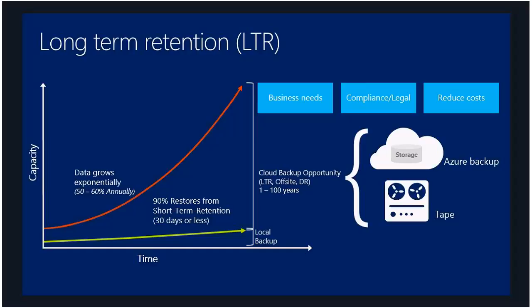So if you have to keep backups on tape for 5, 7, or even 10 years, how many tapes would that be? How hard would it be to retrieve data from the right tape? Azure Backup greatly simplifies this need and makes it a much more streamlined process for even the long-term retention needs.